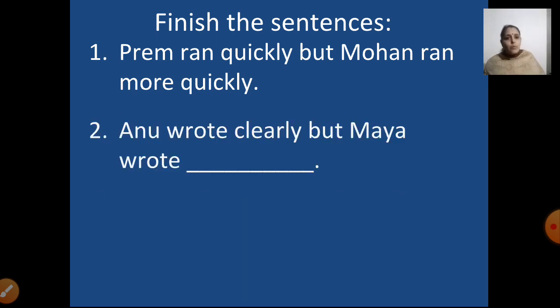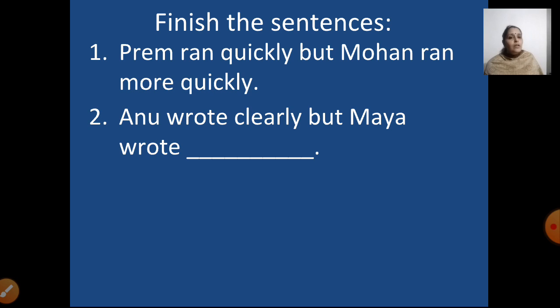Let us see some more examples. Children, you all are going to write down the answers for this, and then I'll tell you what the correct answer is. Okay? Anu wrote clearly, but Maya wrote dash. You're going to write the correct answer there.